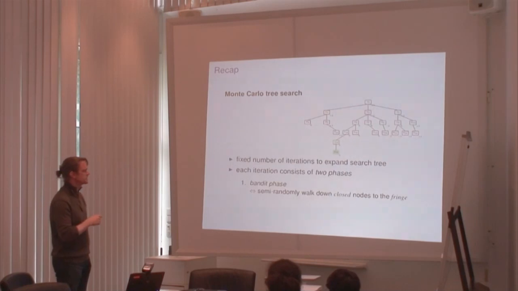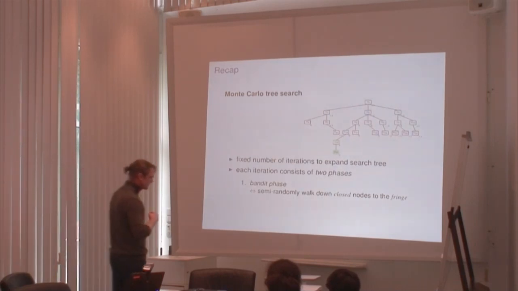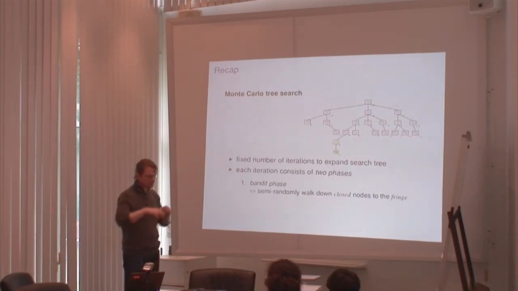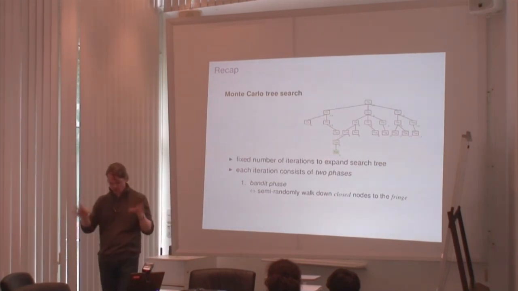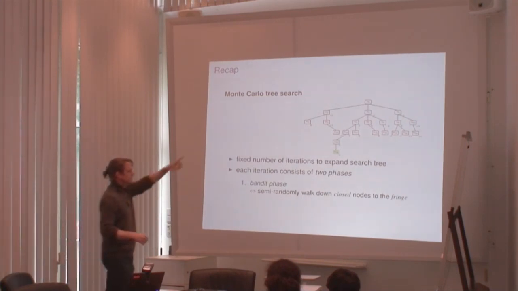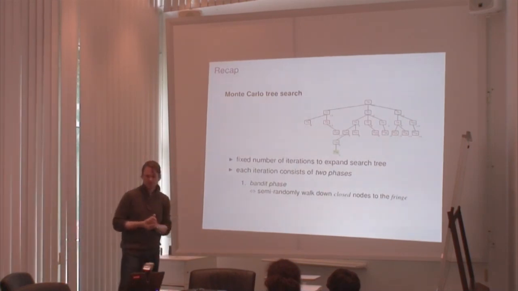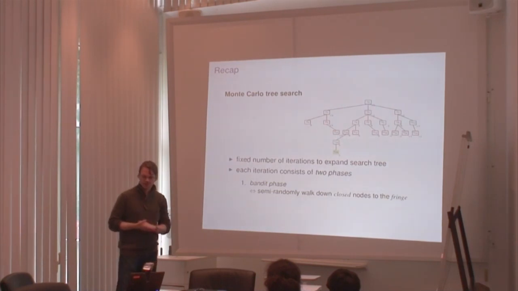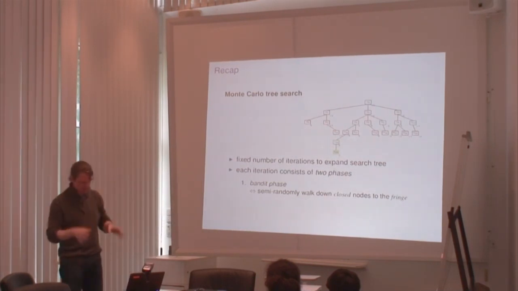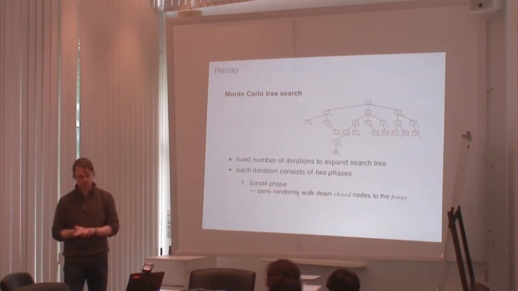In the bandit phase, what Monte Carlo tree search does is the following. We start our exploration of the state space, that is our expansion of the search tree, typically with the root node. Then we check if the node we start our current iteration with has been fully expanded or not.